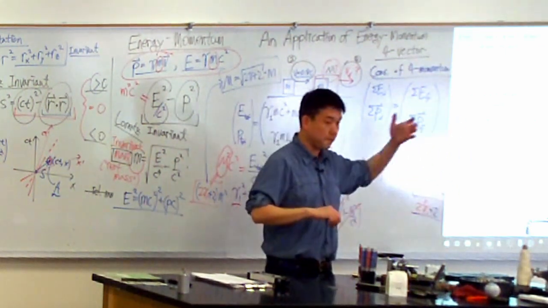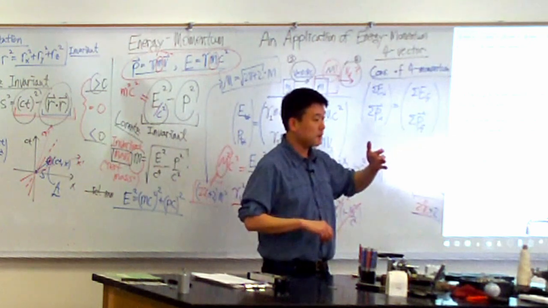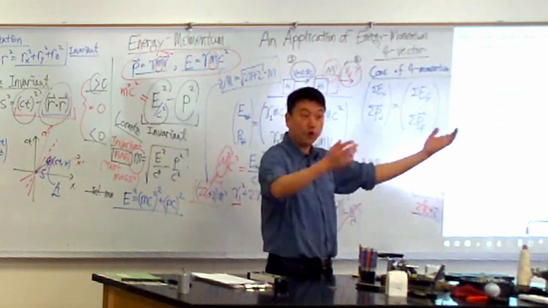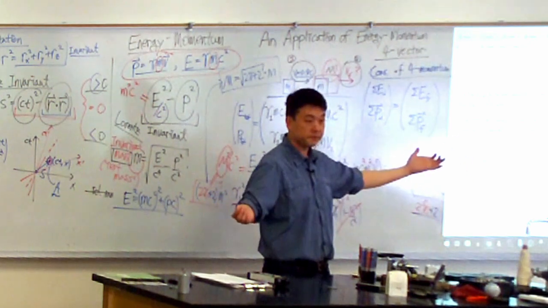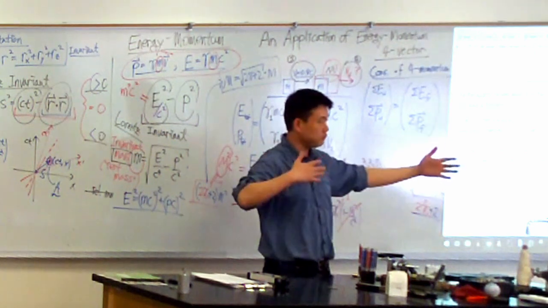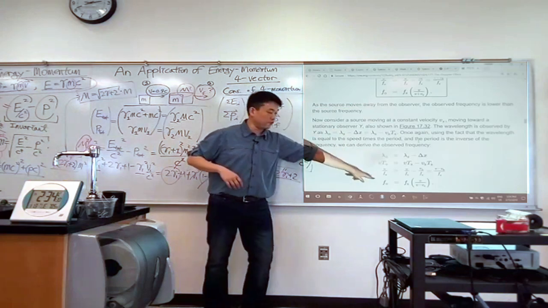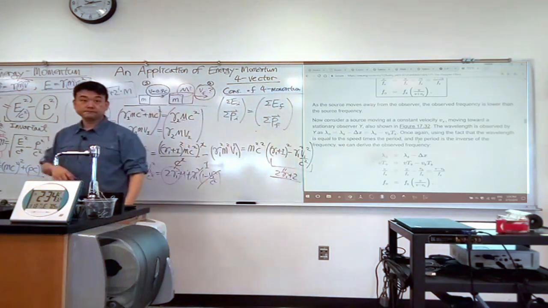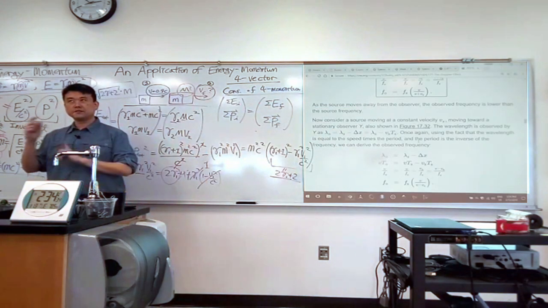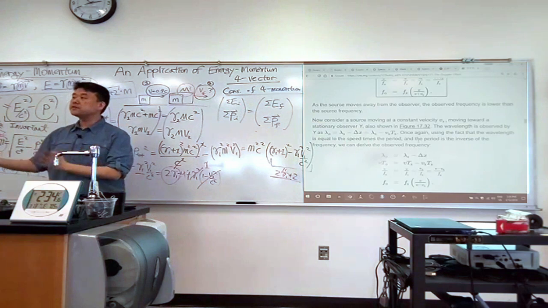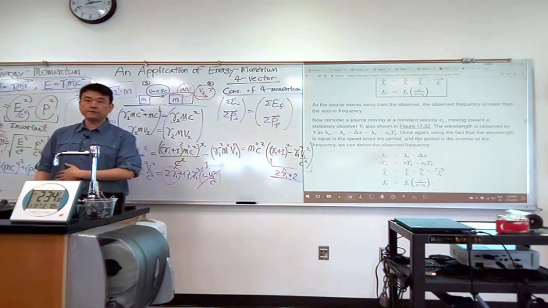Or the speaker can be moving, and then the sound that all of you hear will change pitch. Are those two really physically distinct, so that it should result in two different formulas? Let me cast the question in a different way. Is there a special reference frame for sound?